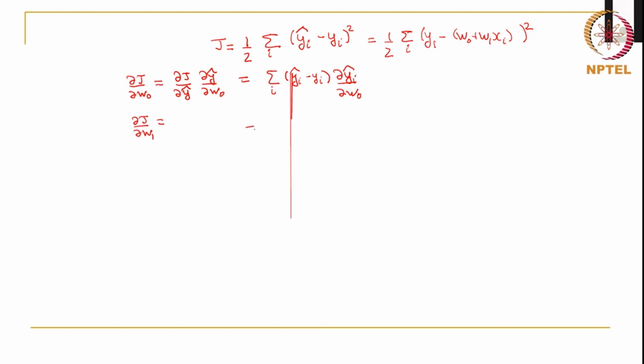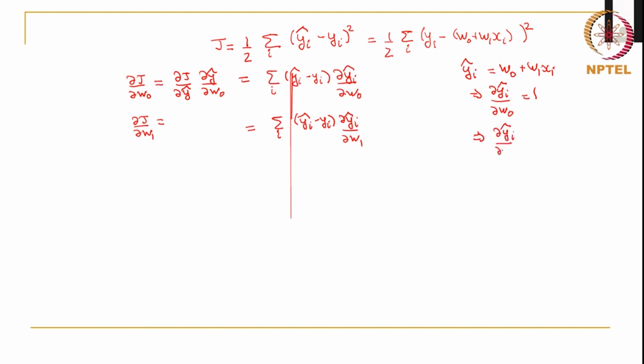Similarly, this is going to be y hat I minus yi times del y hat I del W1. Okay. Now y hat I is equal to W0 plus W1 xi. So this means del y hat I del W0 is 1. And there is a reason why I'm doing it this way.